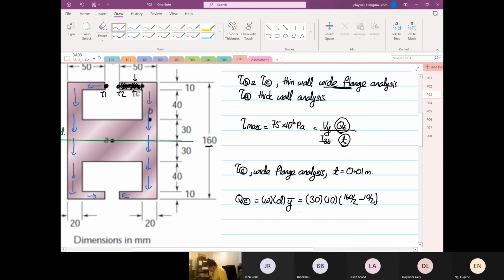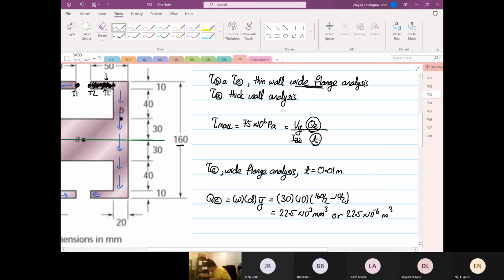So this will work out to be 80 minus 5, times 10 times 30, is equal to 22.5 times 10 to the power 3 millimeter cube, or 22.5 times 10 to the power minus 6 meter cube. So that is at point C.